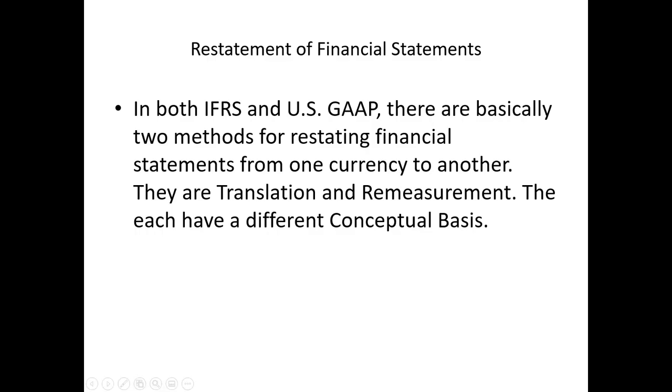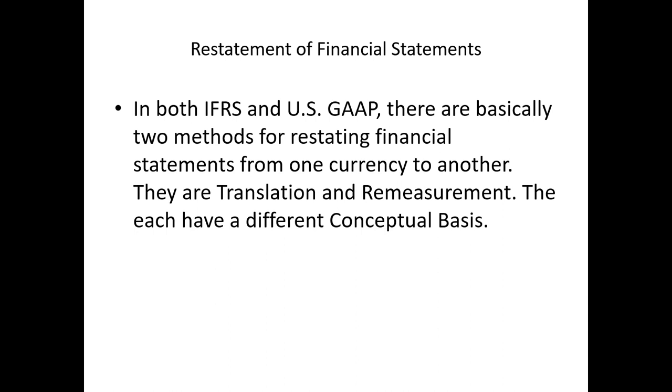In both International Financial Reporting Standards and US GAAP, there are 2 methods for restating financial statements from one currency to another. And this is obviously a problem for companies that own other companies who report in other countries.